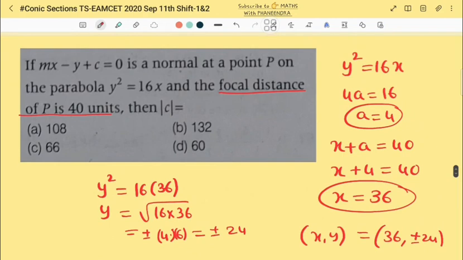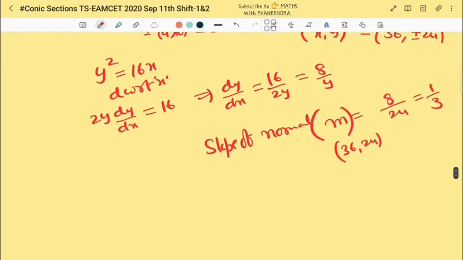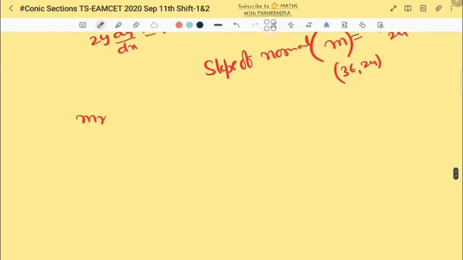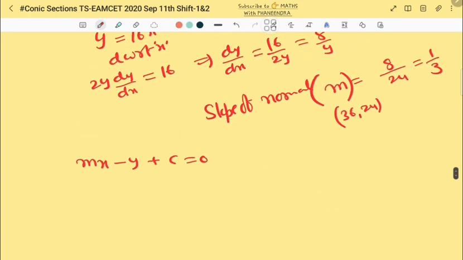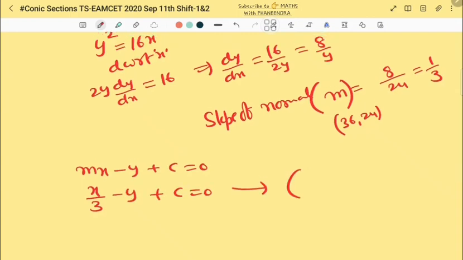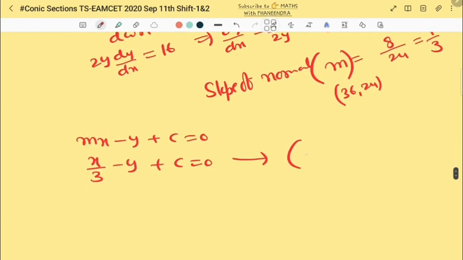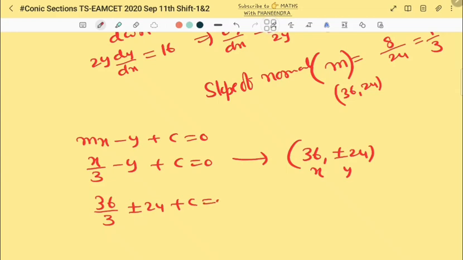So the line is mx minus y plus c equal to 0. M value 1 by 3, that means x by 3 minus y plus c equal to 0. This line is passing through obviously 36 comma plus or minus 24, no? So in place of x and y substitute this one. So 36 by 3 plus or minus 24 plus c equal to 0.